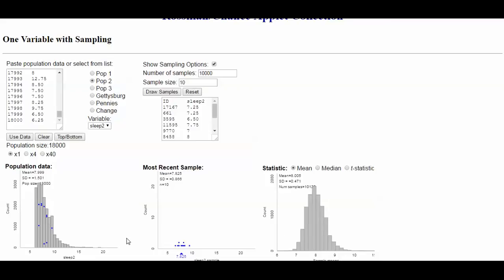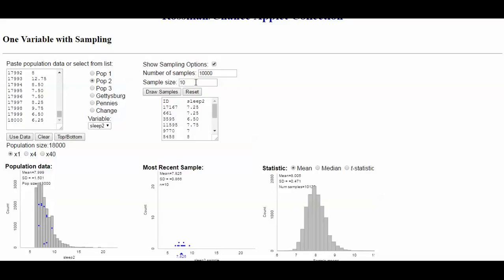So this shape does kind of look similar to this shape. And this is just demonstrating this part of the central limit theorem, because I said that if the population is skewed and you take a small sample from the population, like a sample size of 10, then the sampling distribution is skewed just like the population.